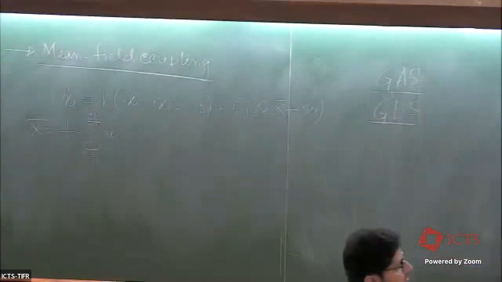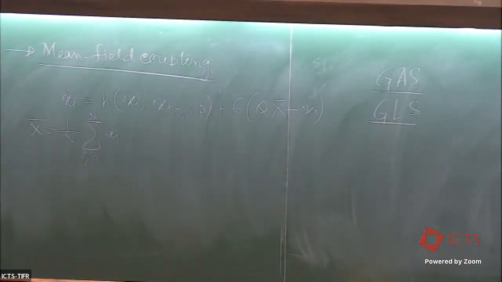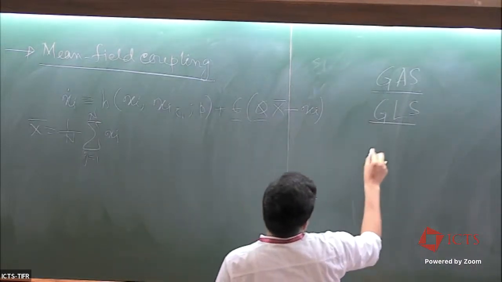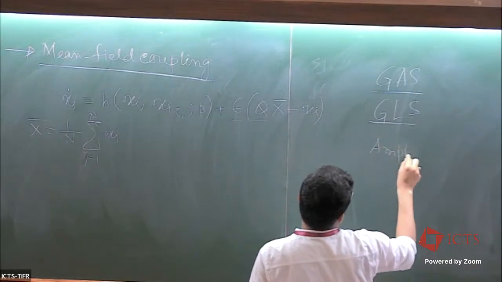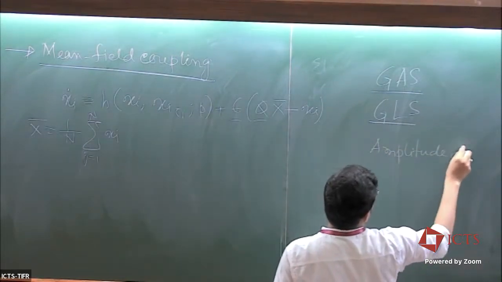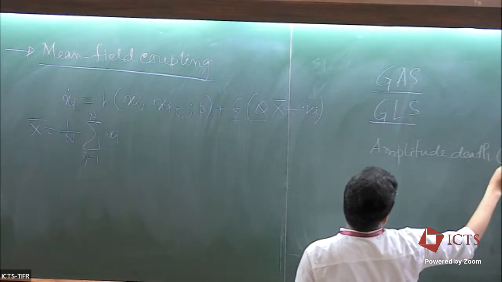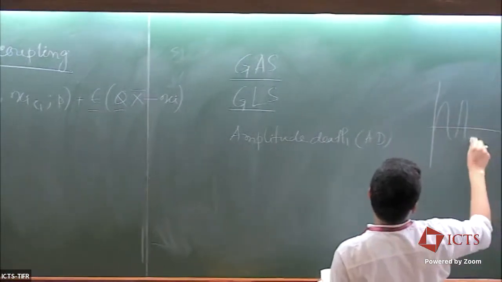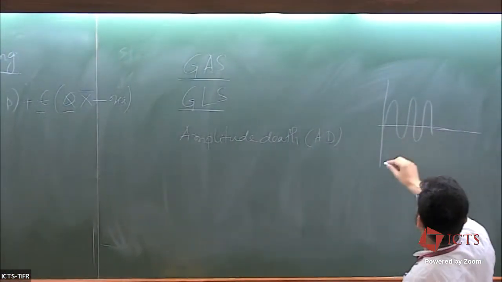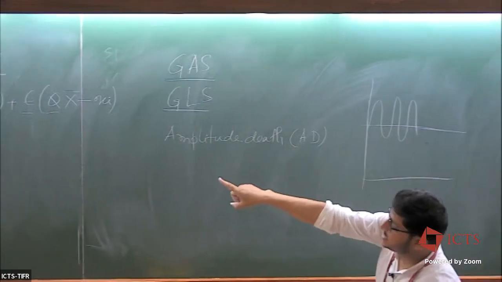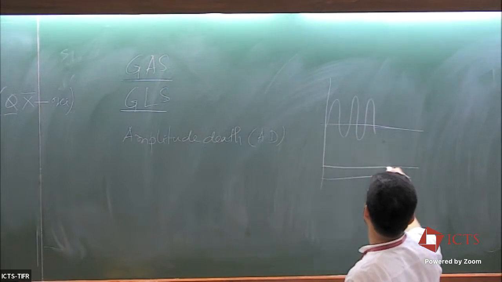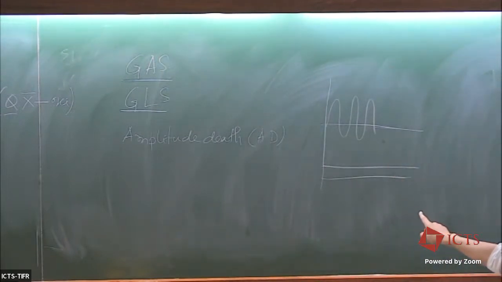That means between the systems there is some functional form. Depending upon epsilon and q, the system may show amplitude death states. That is, two oscillators were oscillating in a synchronized way, but if we provide some specific values of epsilon and q, then the oscillation just dies, and you get the amplitude death case.